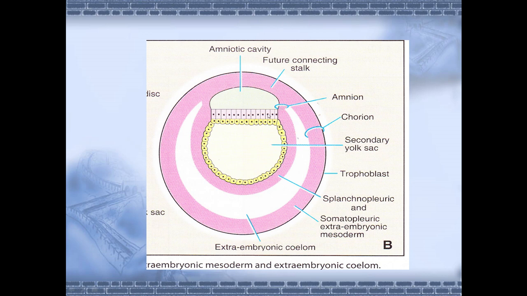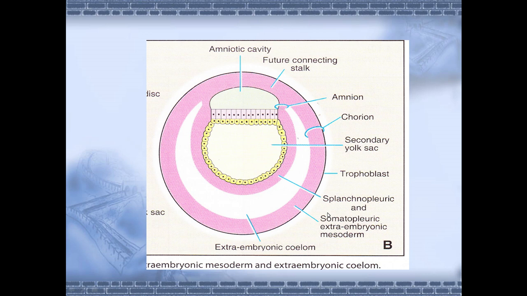Amnion is formed by these amniogenic cells, the parietal extraembryonic mesoderm, because it is not split, and plus, you can see, the connecting stalk. All these three things together form the amnion. Okay, all the structures are clear to you? Easy to remember now?